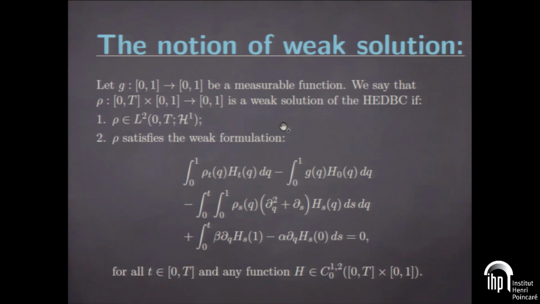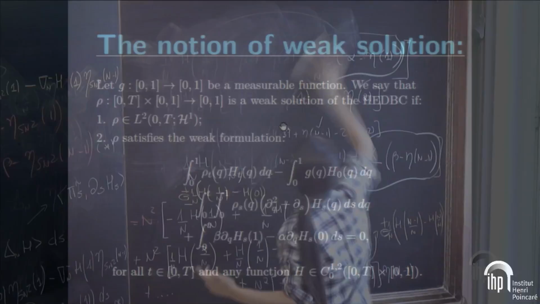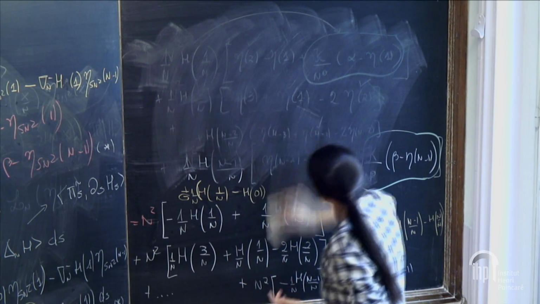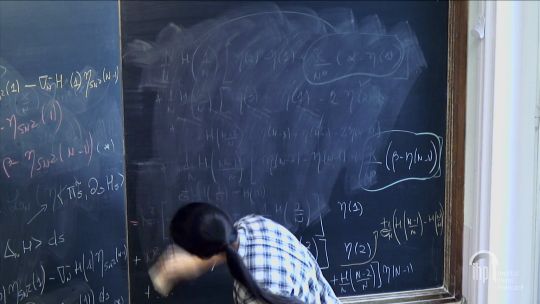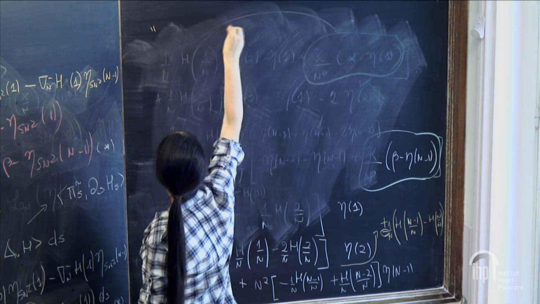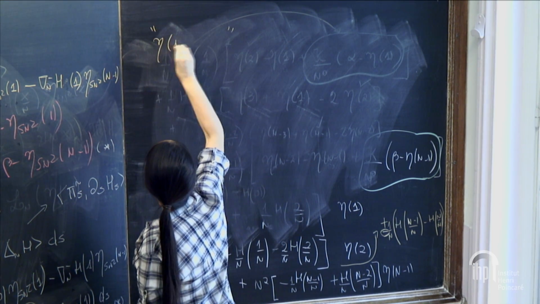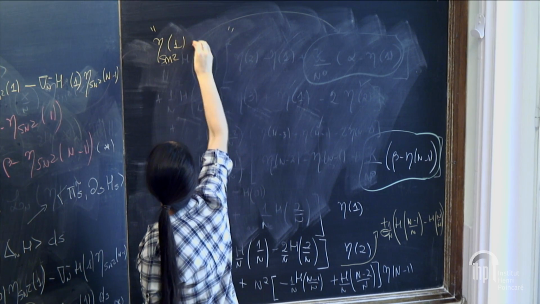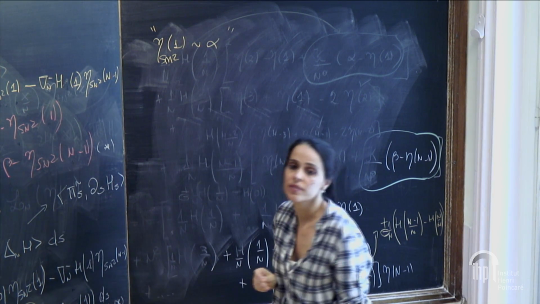So what I will need is what is called the replacement lemma. Can I erase this one? Yeah. So I need to show, and this is the goal, this is what I want to do today with all the details, is to prove that we can in fact replace, I'm just going to write it naively, eta 1 s n squared by alpha.